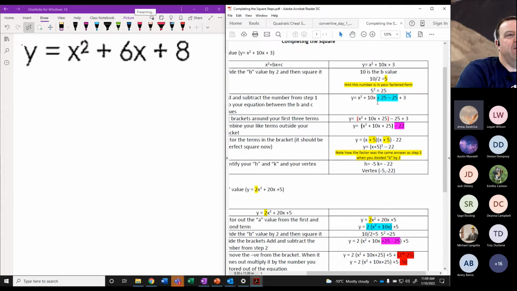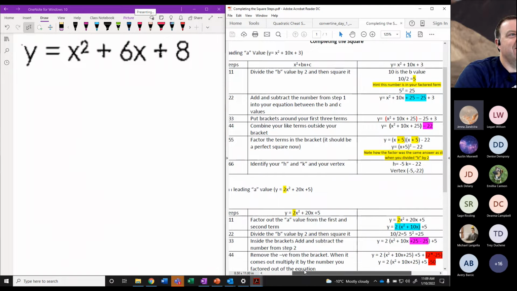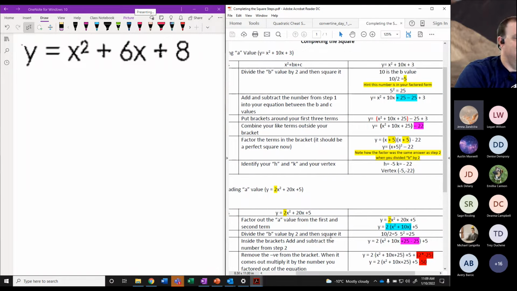Is that too small that you can't read it, or are we good? That's fine. It's going to take 2 minutes to do. It'll make tomorrow's life easier, Emma. Okay? And it's not that bad at all.